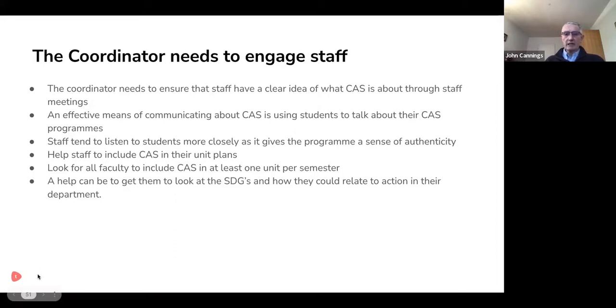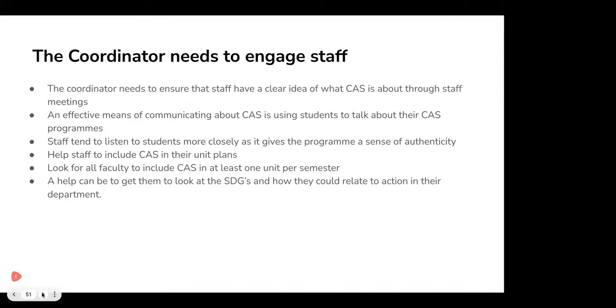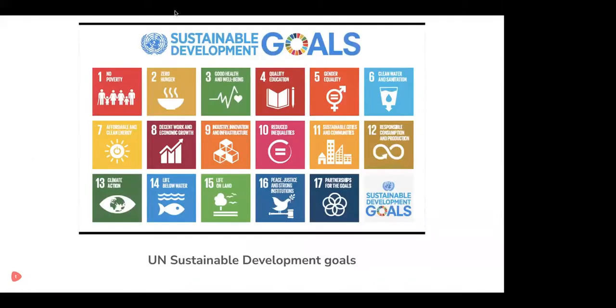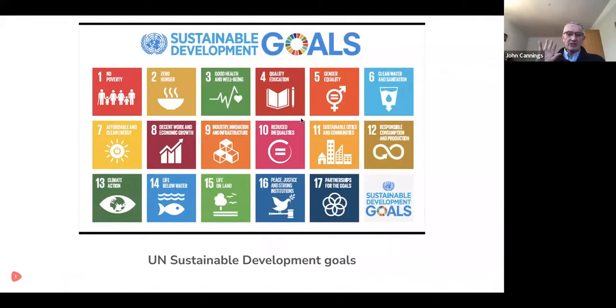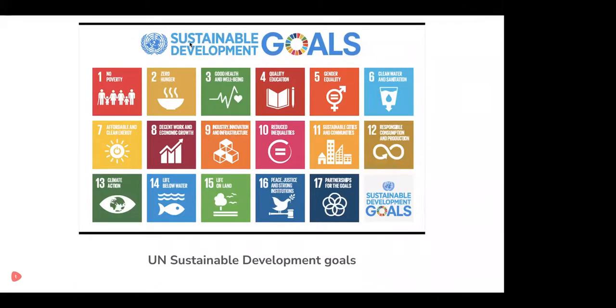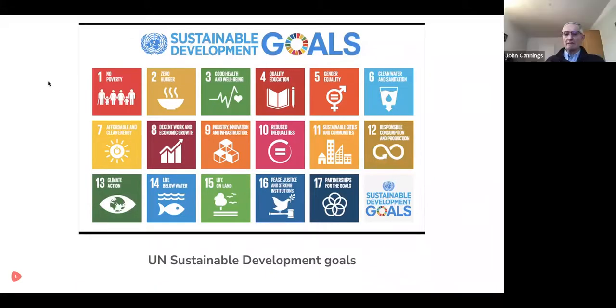And sustainable development goals are here in the next slide. So this is something which is really interesting and stimulates discussion amongst staff and also makes them think about how they can relate this to their own teaching. Right, if you'd like to move on.